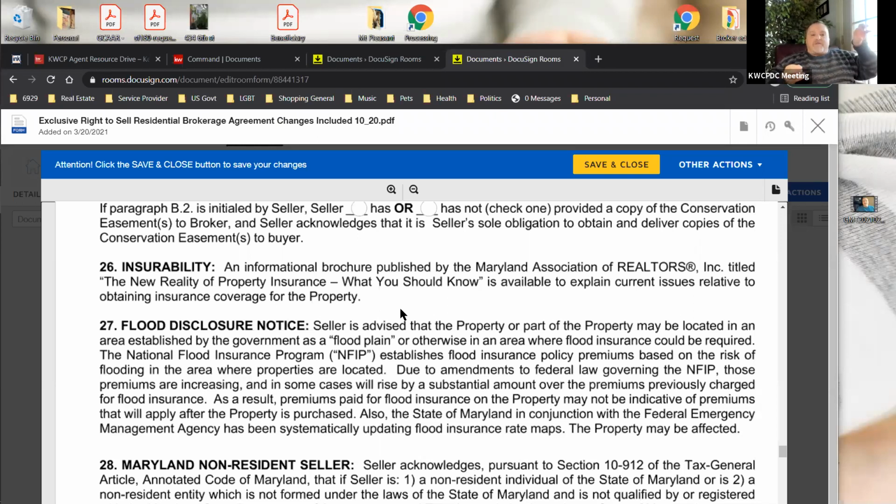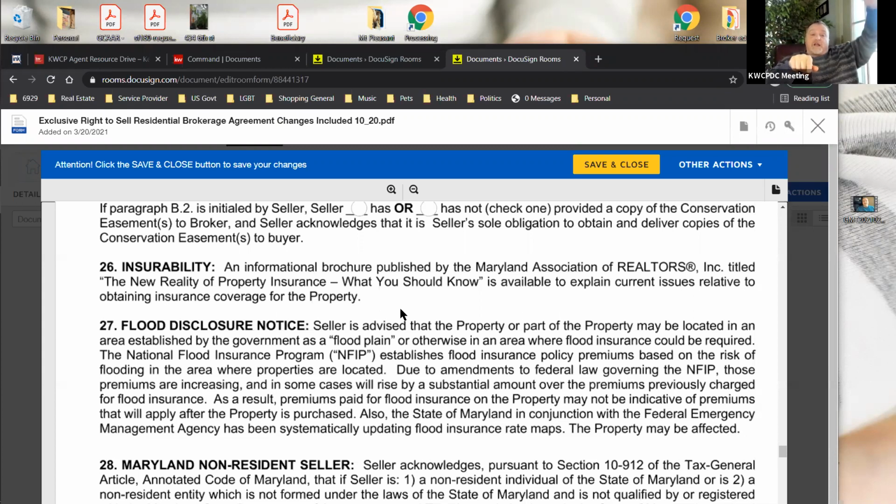So if you have filed a lot of property insurance claims on your property, and then the new buyer comes along and tries to obtain new property insurance, that could impact that buyer's ability to qualify for the financing on your property.